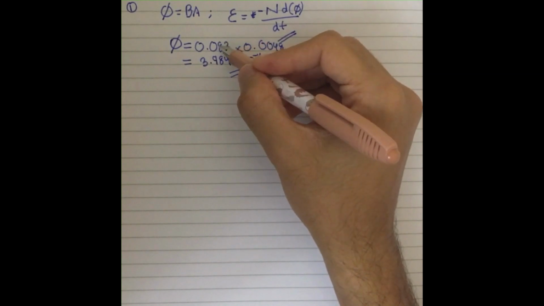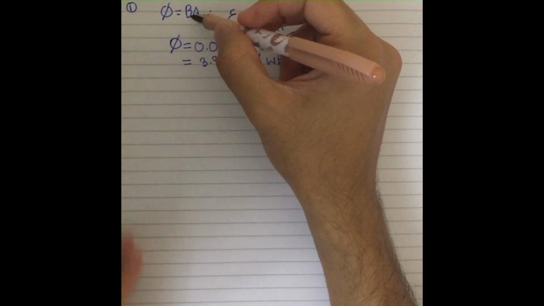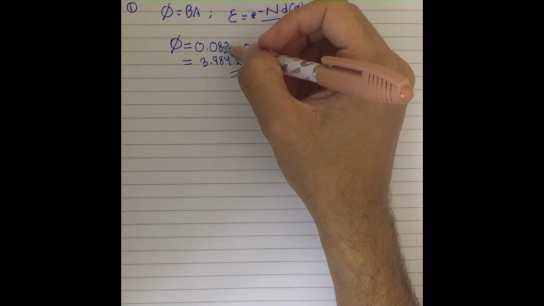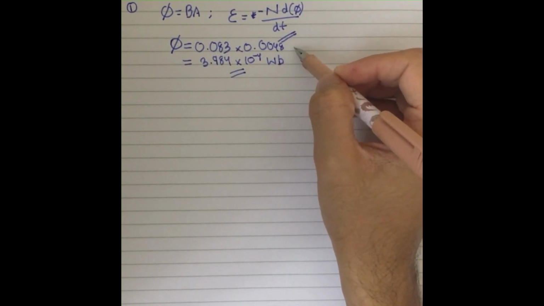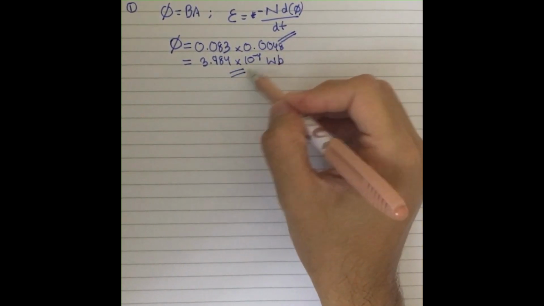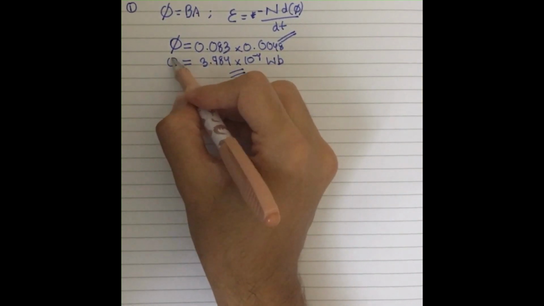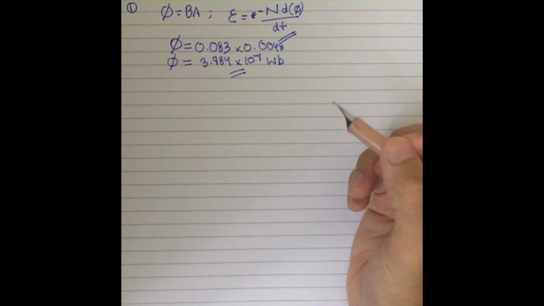We have been given magnetic flux density, which was 0.083, and area, which was 0.0048 meters square, I have written right here. And then once you calculate it, you get your answer, magnetic flux, as basically this.